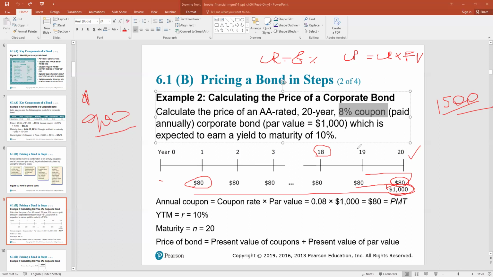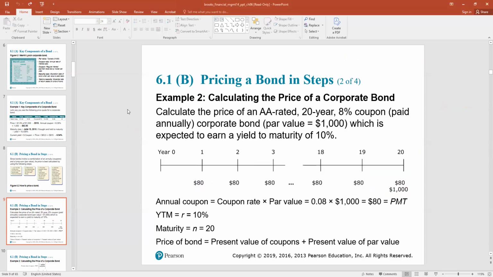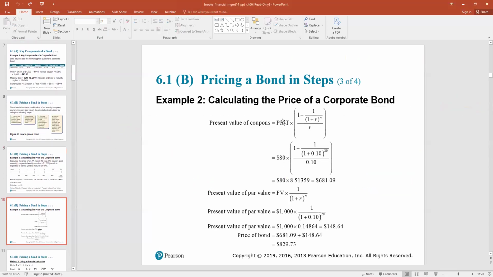Now, here we go. And this is the formula that we use. It's basically PMT, we calculate. So there are two parts. The first part is this, and the second part is this. One is the present value of an annuity.